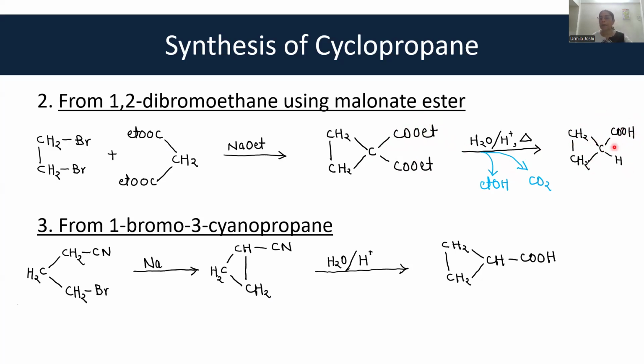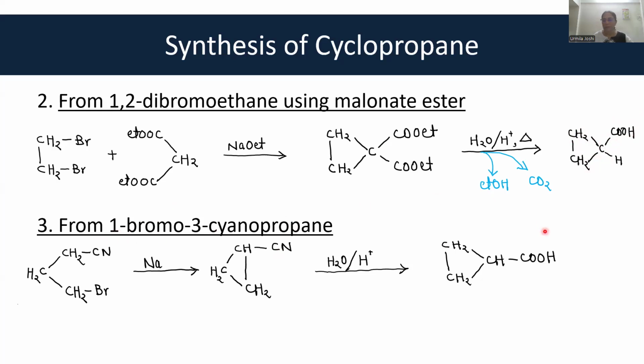Why I am calling it cyclopropane carboxylic acid and not cyclopropanoic acid is because the carboxylic carbon and these are not numbered in continuation, as we discussed in the first part. So this is not cyclopropanoic acid, this is cyclopropane carboxylic acid.